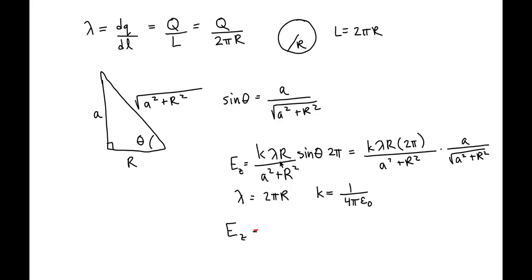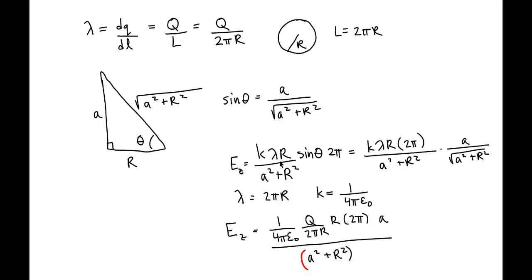So we have the k, which is 1 over 4 pi epsilon naught, lambda, which is q over L, and L is 2 pi r, times r times 2 pi times a, all over a squared plus r squared to the 3 halves.